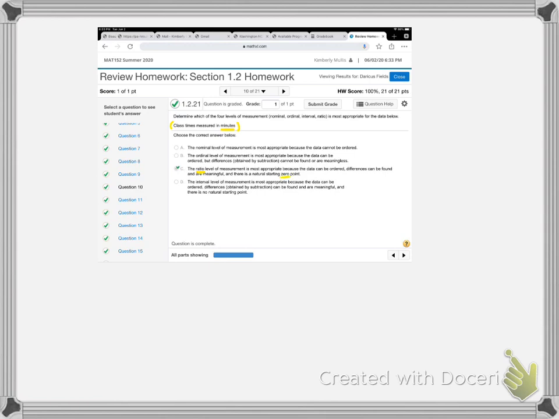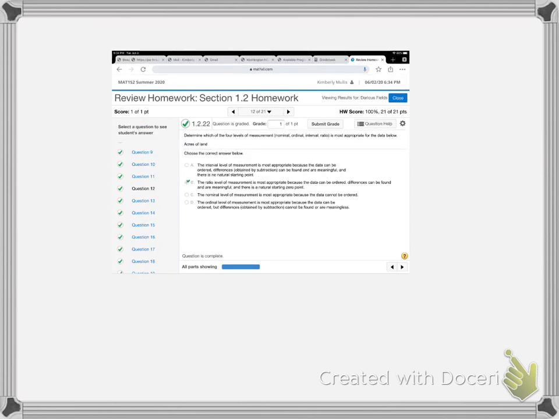In other words, you can have 0 minutes. That's your base. You can't dip below 0 minutes. So you can have 0 minutes, 1 minute, 2 minutes. There's a natural starting point of 0. You can't have negative 1 minute. So with ratio, there is a 0, an absence of. We can't have negative minutes.